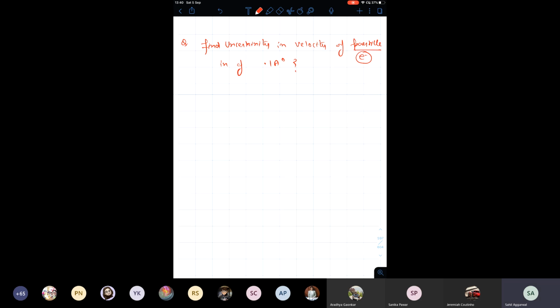So for such questions, we do not have to do anything. Just put the formula, you'll get the answer. Delta x dot delta p is equal to h upon 4 pi. Delta v is required, so delta v will be h upon 4 pi m into delta x.